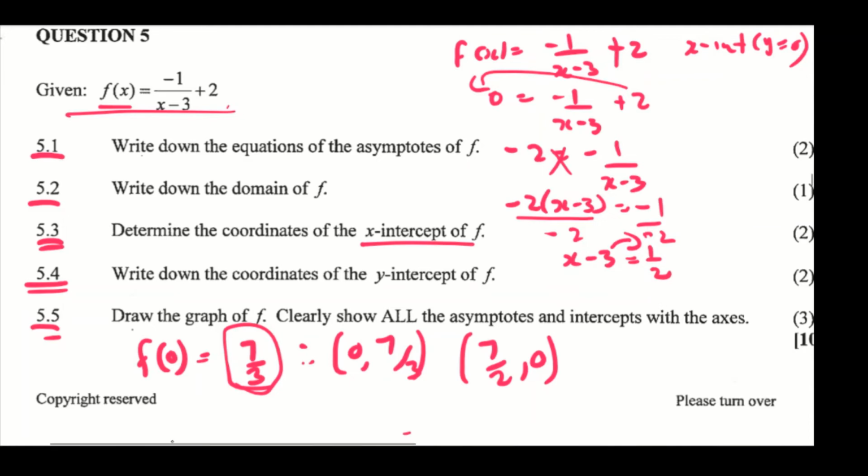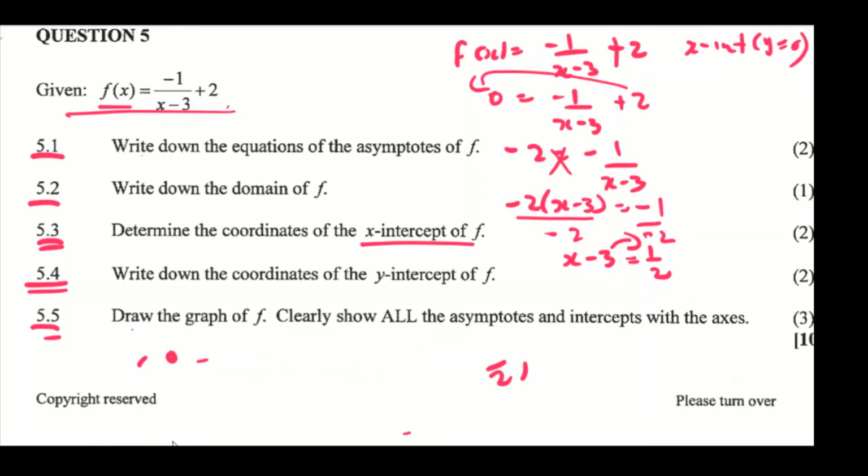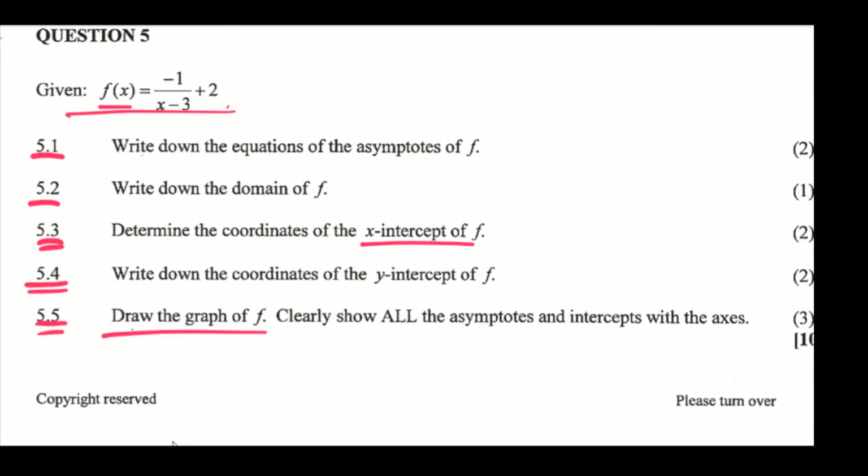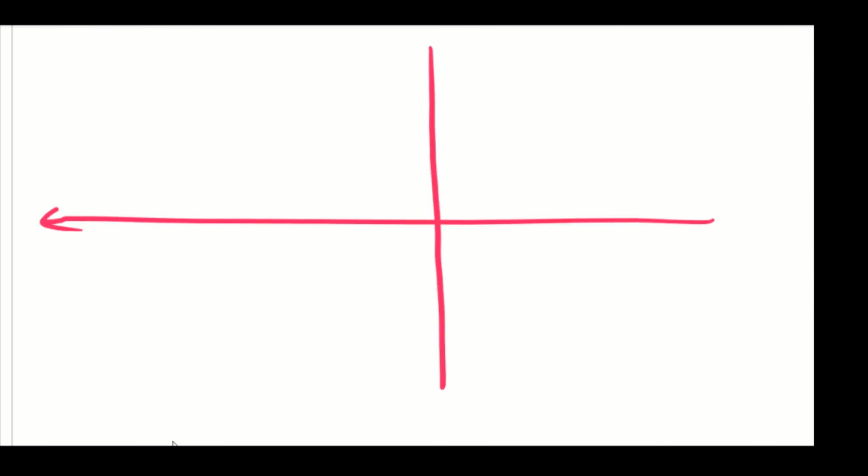So now in 5.5 you must draw the graph of f, clearly showing all asymptotes and intercepts with axes. So to do that, we can simply draw our Cartesian plane first and label our graph: y-axis, and here it's x-axis.